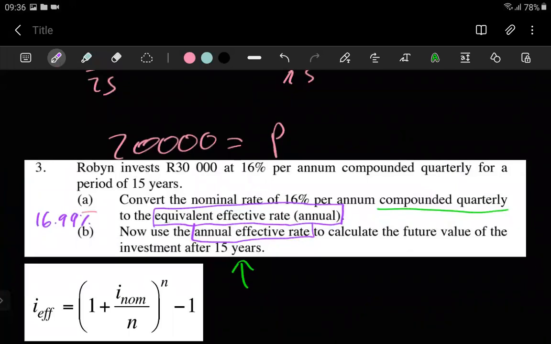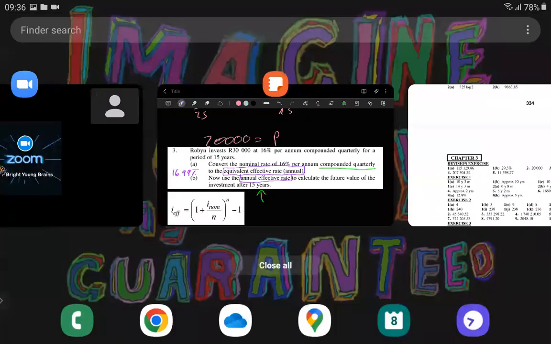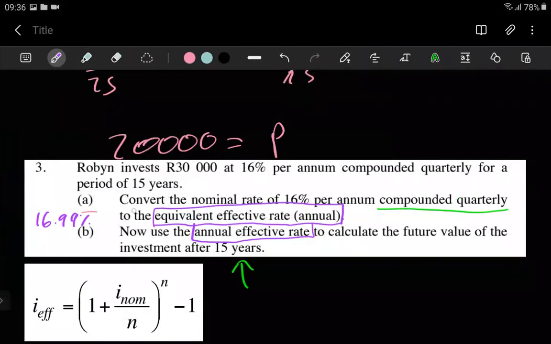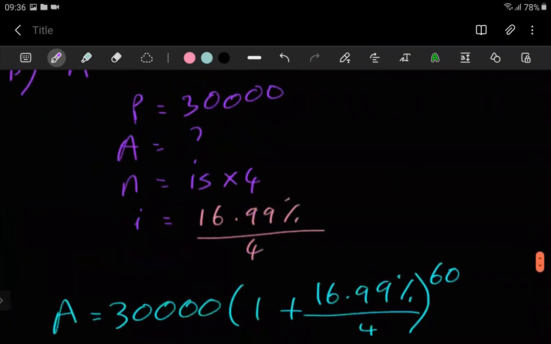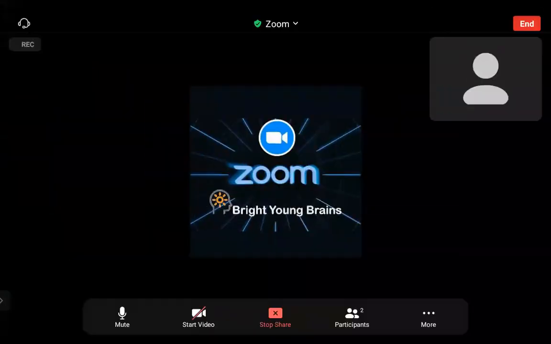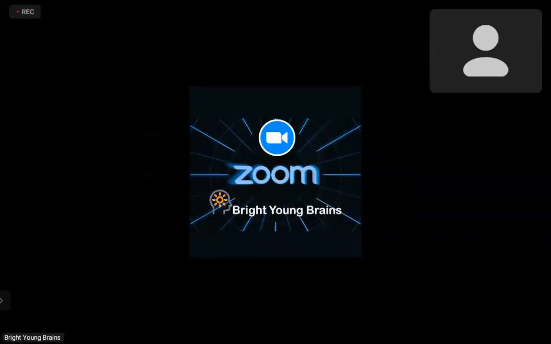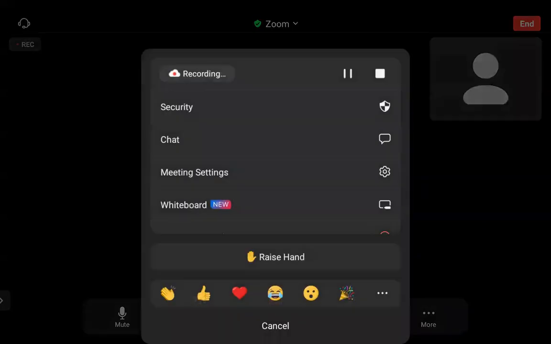We wanted to calculate the effective rate, and the memo does have our 16.99, which is perfect. The next question asks us to use that specific value, which gives us 363,965.47. I would have used that one, like we did the first time, because it just flows. Usually what you do in your previous answer, you use in your next answer. So it's the safest bet.